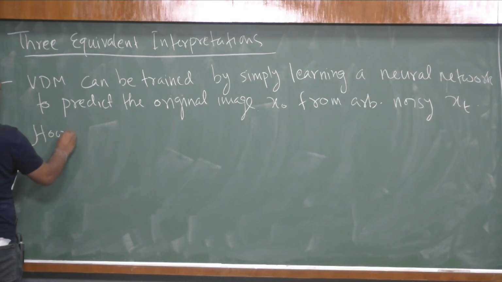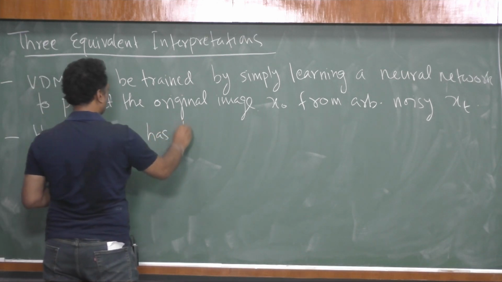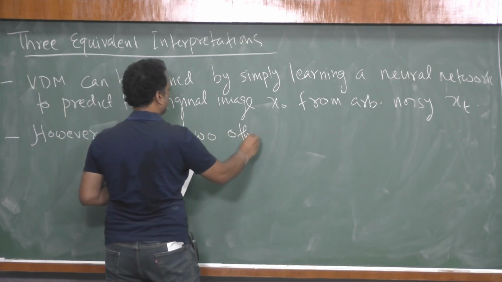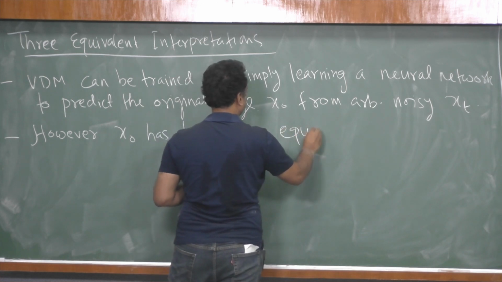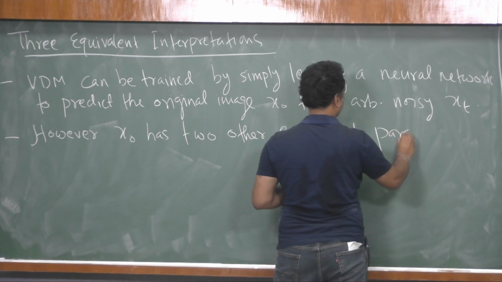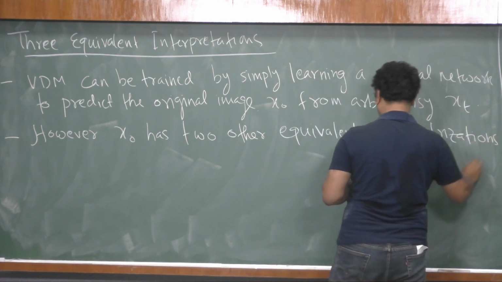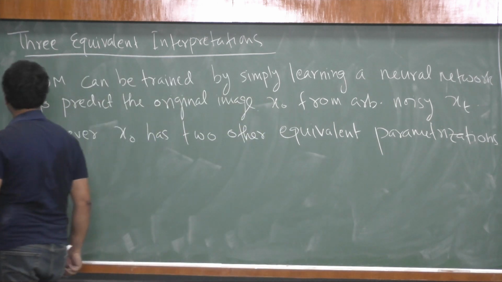X naught has two other equivalent parameterizations, which leads to different variants of VDM.